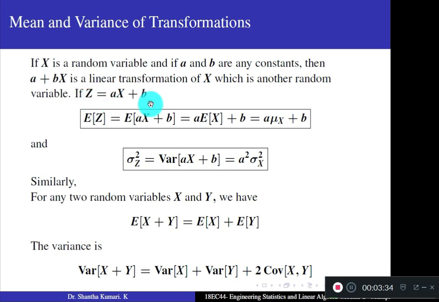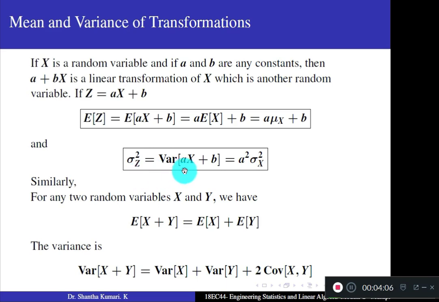So if z equals a x plus b, how do we find the expectation of z? Already we proved this in the first module. You can just use the linearity property: expectation of ax plus b is nothing but a into expectation of x plus b, equivalent to a mu x plus b. Similarly, how do we find the variance of z? We already proved this, and I am directly giving you the formula here.